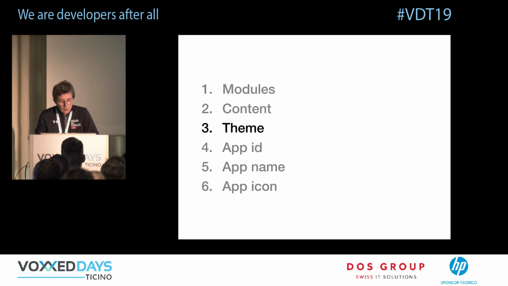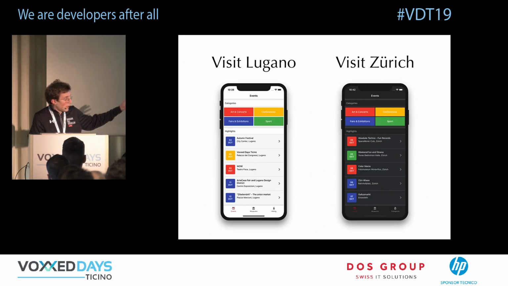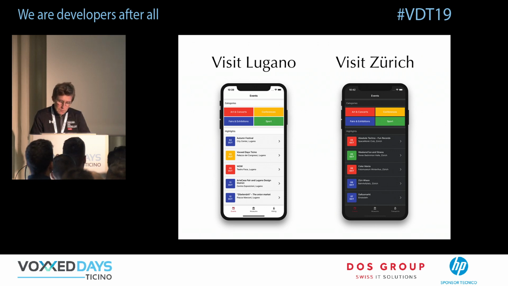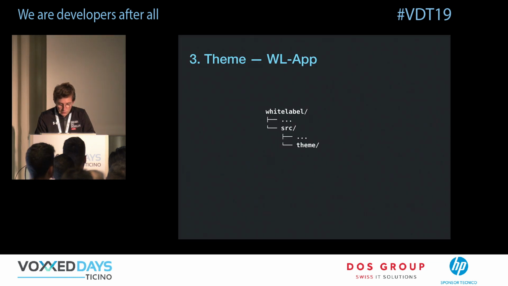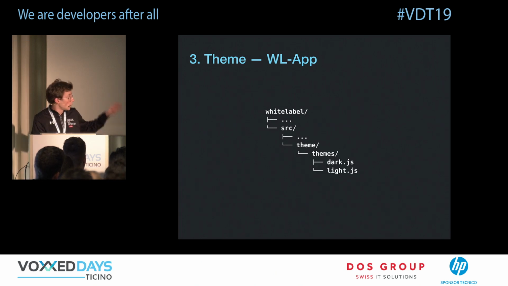Okay, let's solve the theme problem right now. It's almost the same. So we have light theme, dark theme. And it's going to be similar, but, you know, repetitio iuvant, so we're going to do it all over again. We have a theme directory, as stated before, and here we will create a subdirectory themes, which will contain all the themes we need.